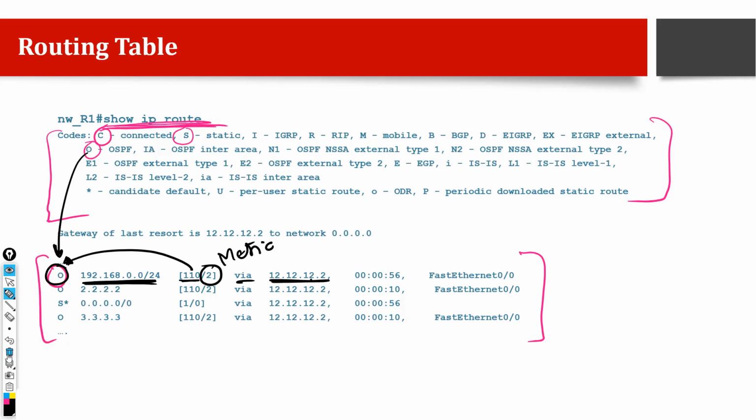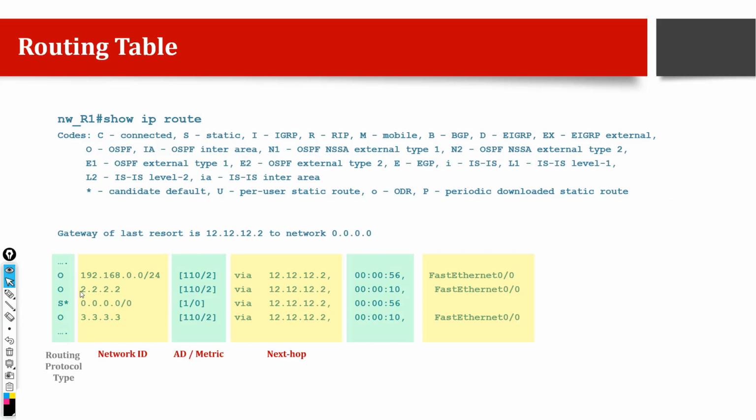Let me show you the output and different parts. I have highlighted for you. Here you can see that there are three parts mainly: network ID, admin distance and metric, and the next hop. There are many other parts, and in different vendors you will find a lot of other things, but these three parts will always be there. The first part says routing protocol, and in the language of routing we have to find the routing protocol from here. So 110 means OSPF, 1 means static route, 0 means connected route, 90 means EIGRP.